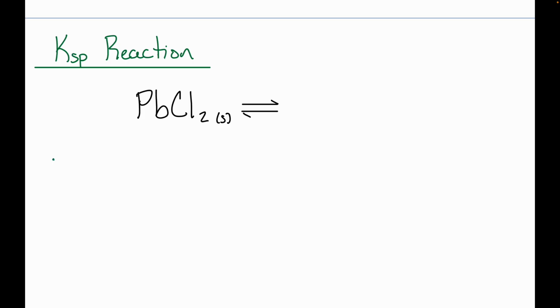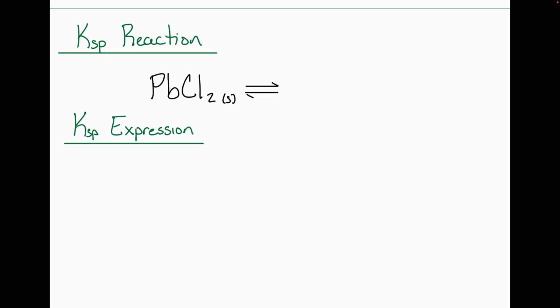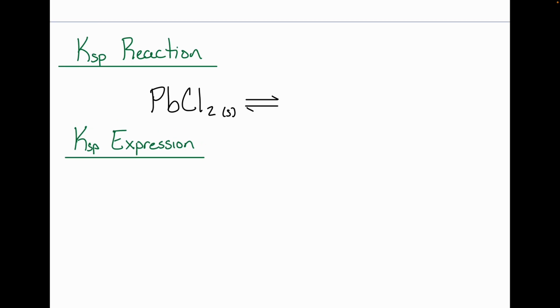All right, KSP reaction, and we need our KSP expression. Notice a very similar format to how we were doing our weak acid, weak bases. We need our chemical equation, our equilibrium expression, then we solve it all with an ICE table.